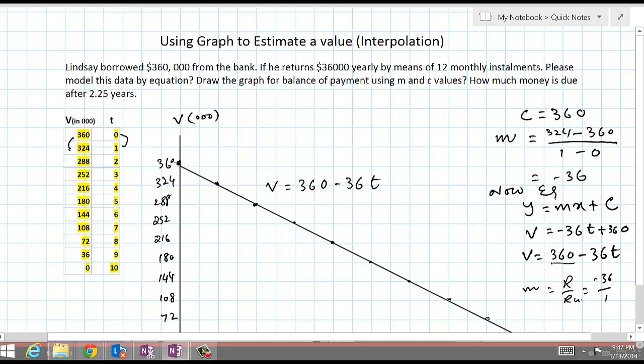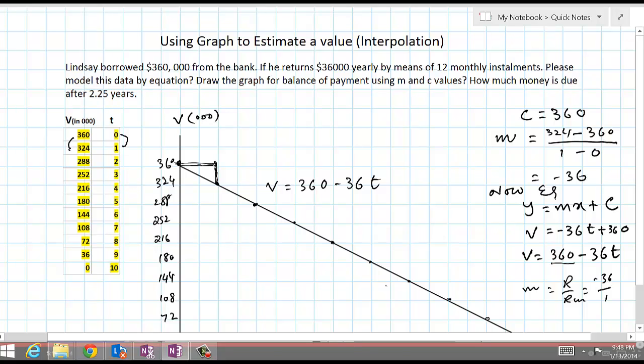So we go run first. So 1 is 1, we go here. If we want to go 1 unit, and then we go 36 down because it's negative, and we reach here, and we can also draw the line through these 2 points, which is the same line.